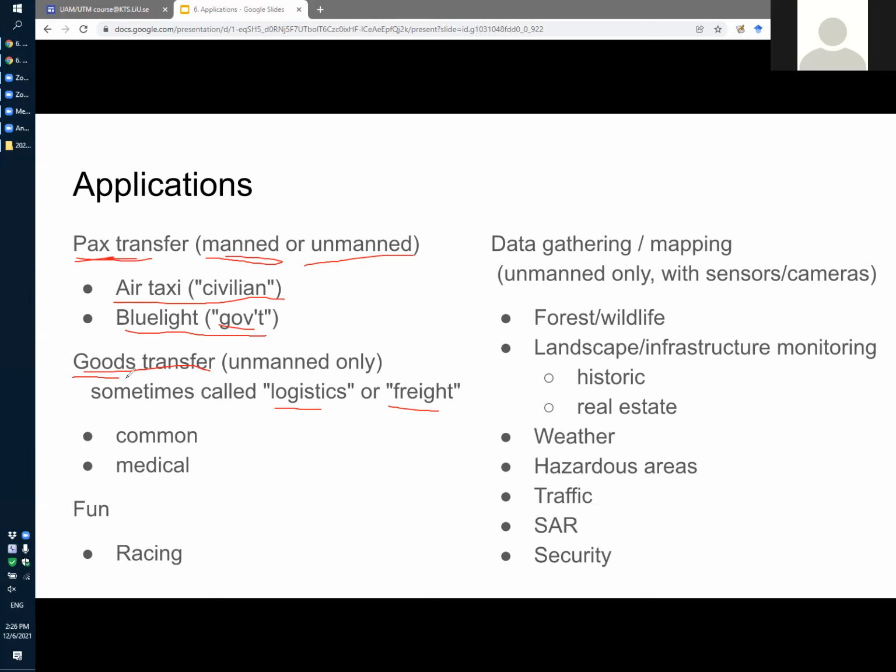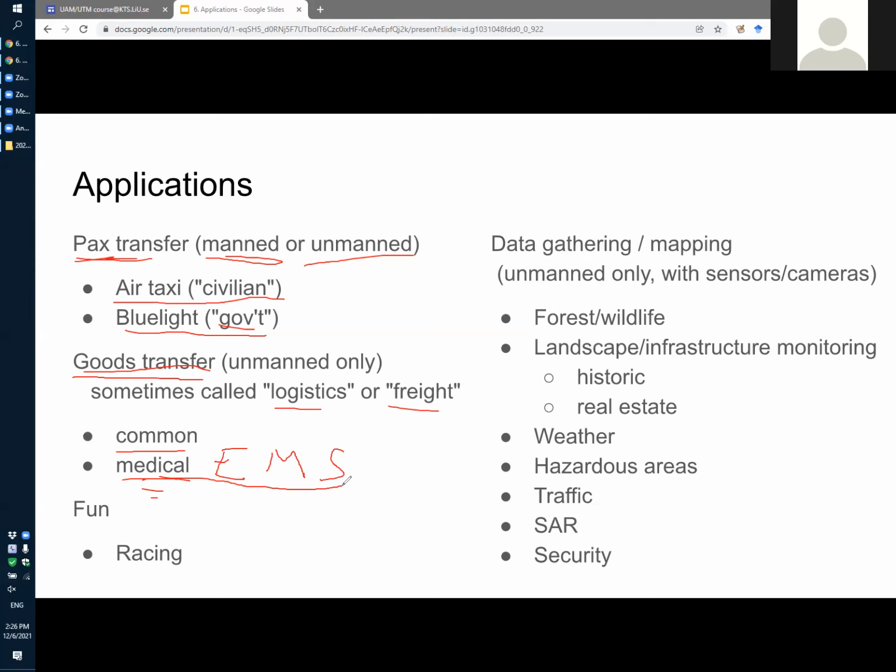And again, with the transfer of goods, there are many different kinds of goods that you may transfer, but maybe the most appreciated, at least in the very beginning, are the medical ones, especially in emergency medical services. And if there is a business case or support from the government, then those may be some of the things you may see pretty soon.